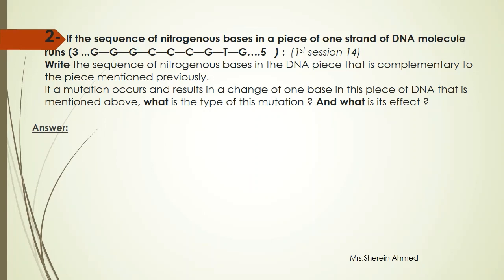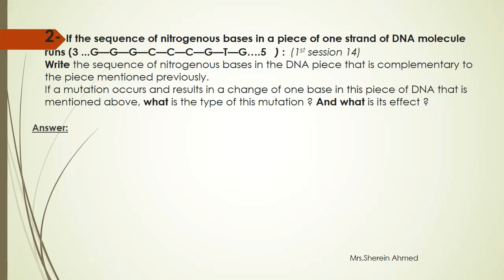Question number 2. If you have the sequence of nitrogenous bases in a piece of one strand of DNA molecule, it runs as the following. Of course, we have to pay attention that the single strand from which the messenger RNA is transcribed should start from 3' to 5'.